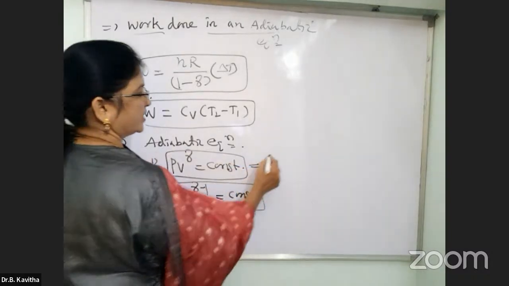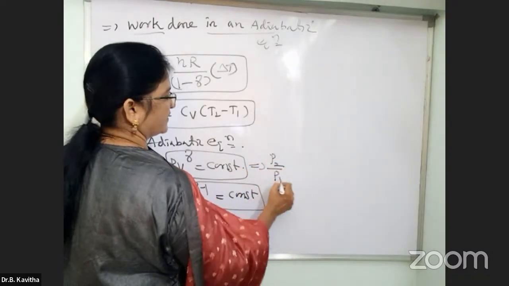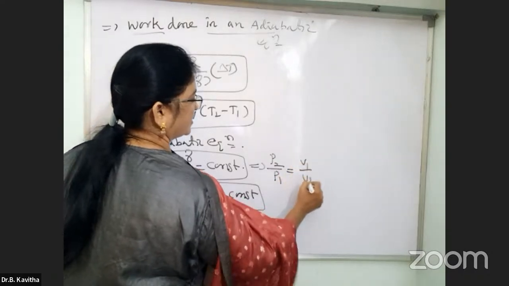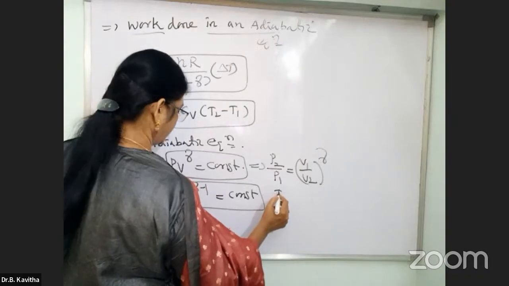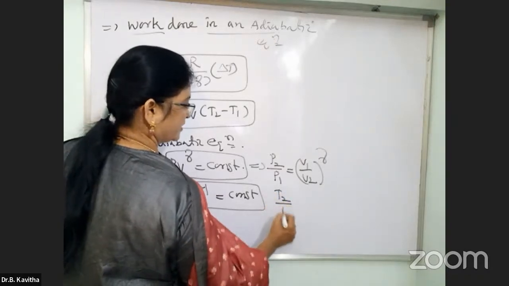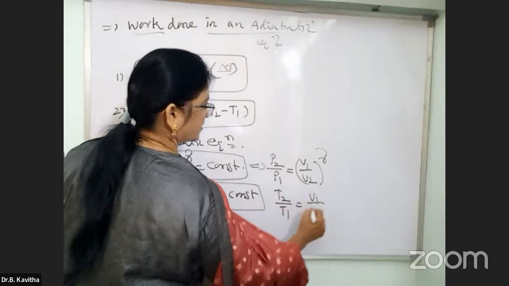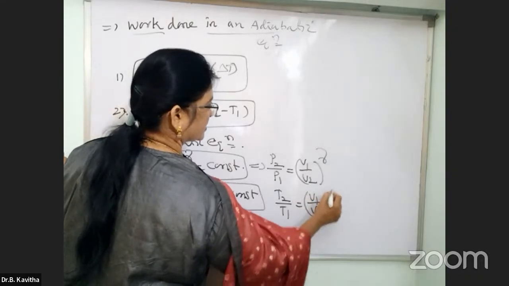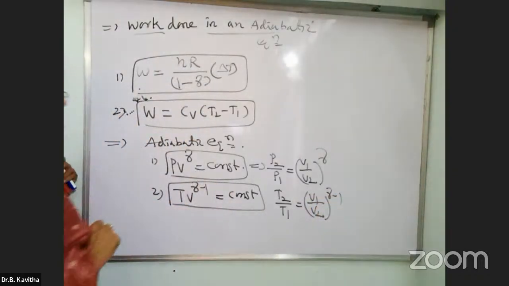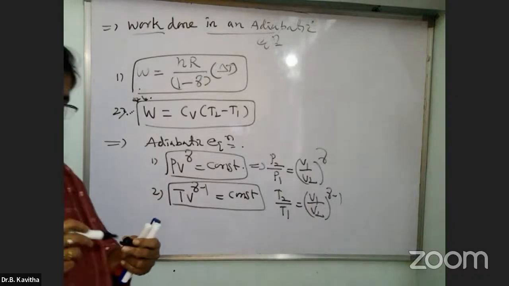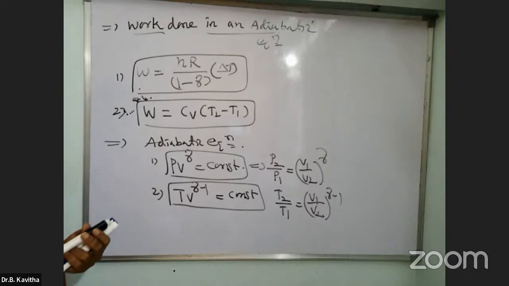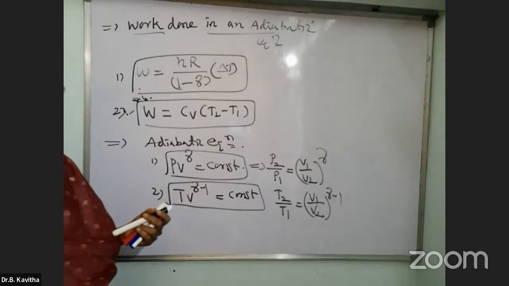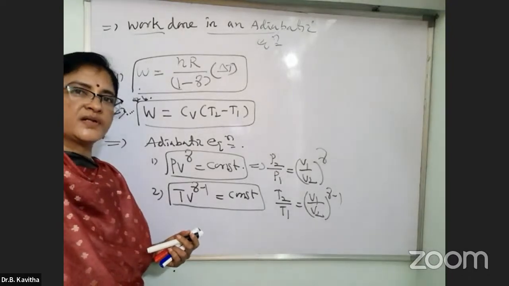You can write this equation as P2 by P1 is equal to V1 by V2 to the power of gamma. Again, T2 by T1 is equal to V1 by V2 to the power of gamma minus 1. Now we are going to do all the problems on this method.